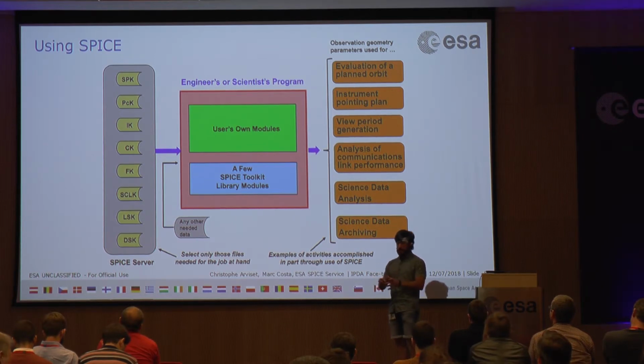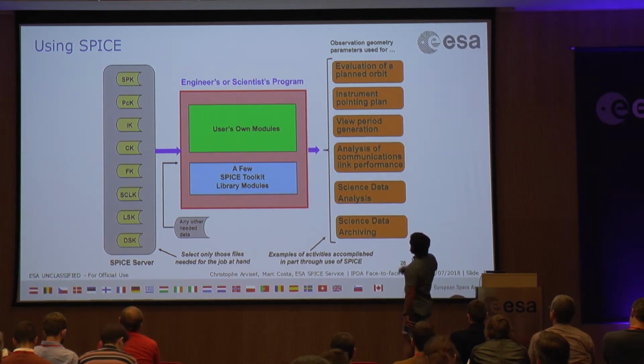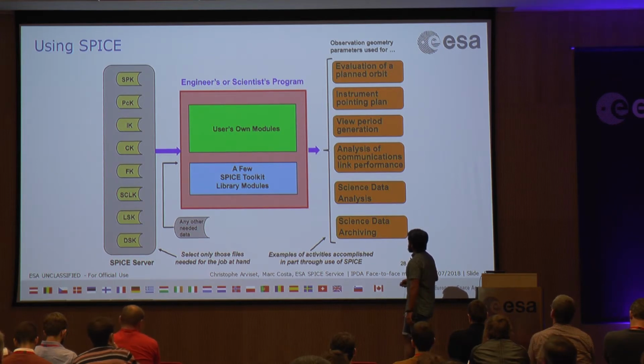There's a library with hundreds of APIs, and you will use a reduced set of them. You write your own program, and with that you can do anything you want: evaluate the planned orbit, generate an instrument pointing plan, perform analysis of communications, and science data analysis.